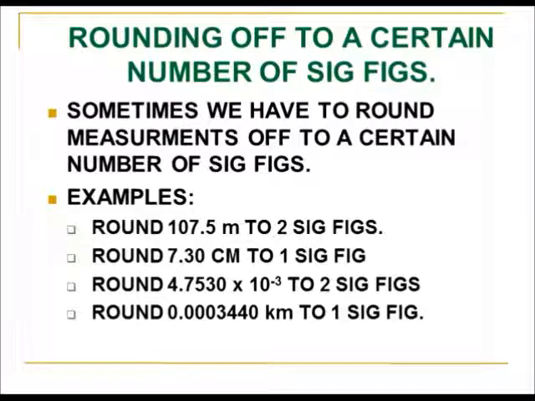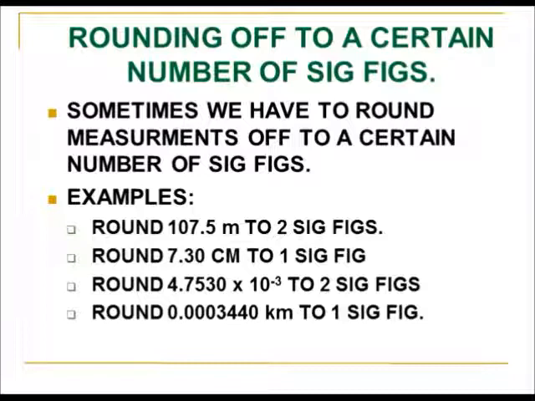The next one, 7.30 to 1 significant figure. I'm going to have to round down, so I would just round it to 7, and that would be 1 significant figure. The third one, round the scientific number 4.7530 times 10 to the negative third to just 2 significant figures. That one's fairly easy because the 7 can become an 8 because of the 5, so it becomes 4.8 times 10 to the negative third, which is 2 significant figures.